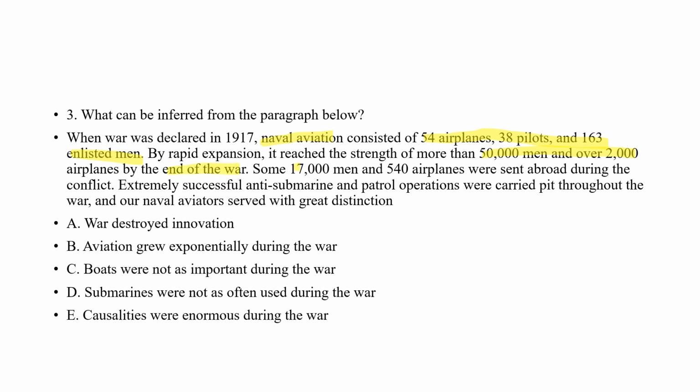And then it continues to talk about the insane rapid growth which was sent abroad during the conflict or the war, how they had successful anti-submarine and patrol operations carried out, okay, don't worry about this, but it's carried throughout the war, and their Navy aviators. So first off, it has to do something with planes and Navy aviation.